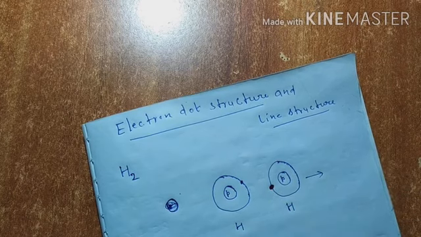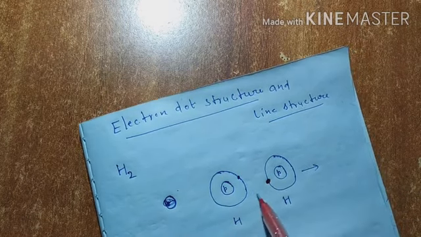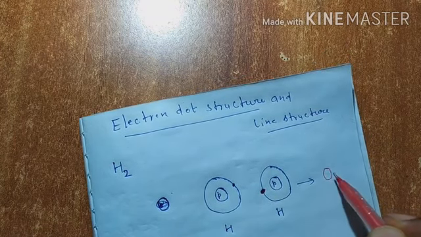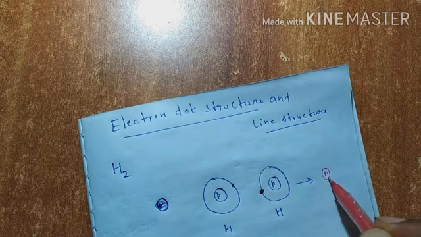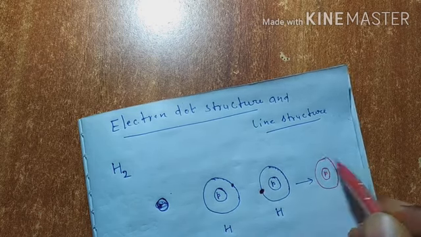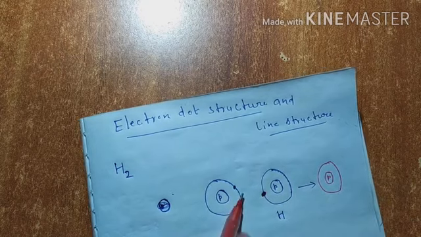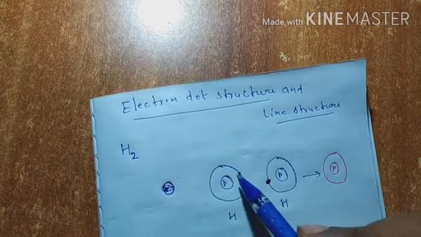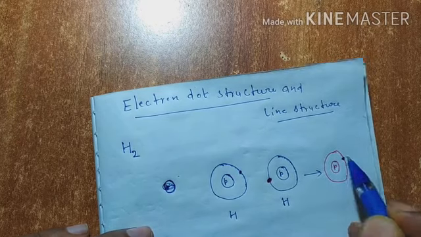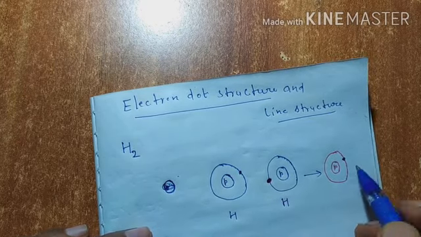So what happened? This atom I am making here, this is the nucleus, there are the protons, this is the first orbit, this electron I am showing here with blue color, and this again I will make here.